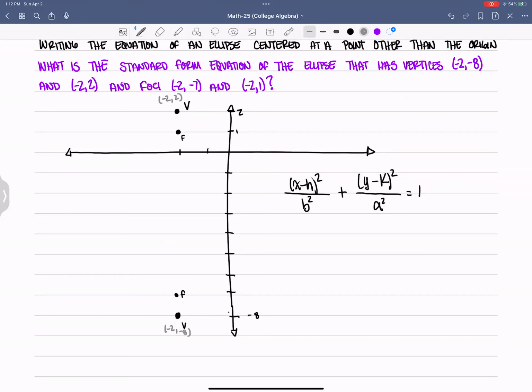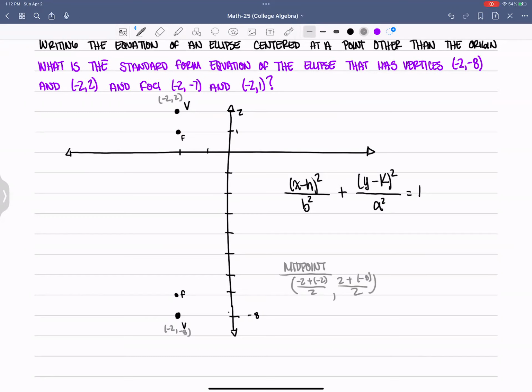So finding the midpoint between those two points, we would have -2 plus -2 divided by 2, and 2 plus -8 divided by 2.